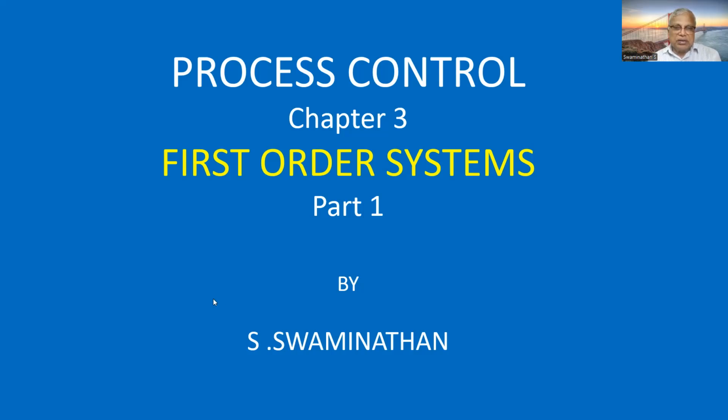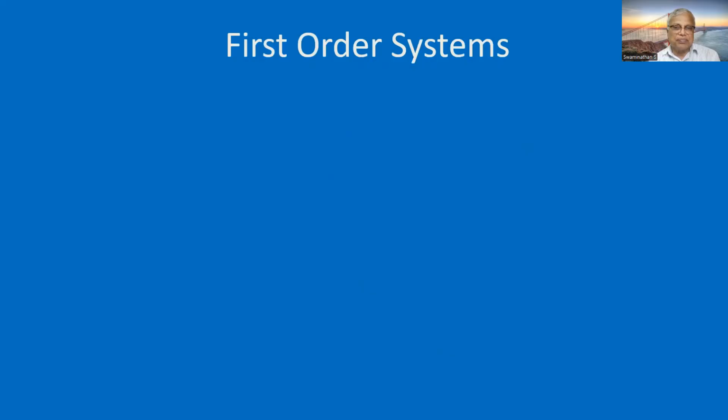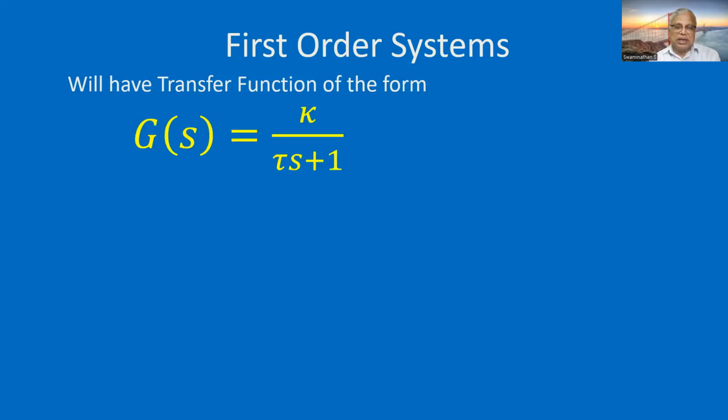As I mentioned earlier, based on the transfer function, processes or systems can be categorized. The first one is the first order system. So what is a first order system? The first order system will have a transfer function of the form K by tau s plus 1.